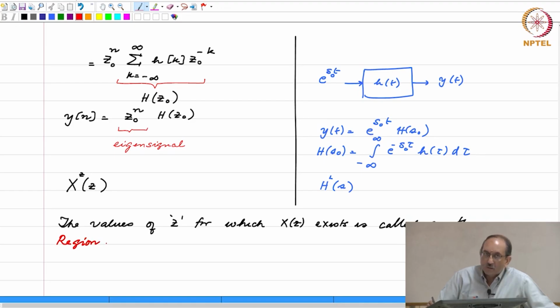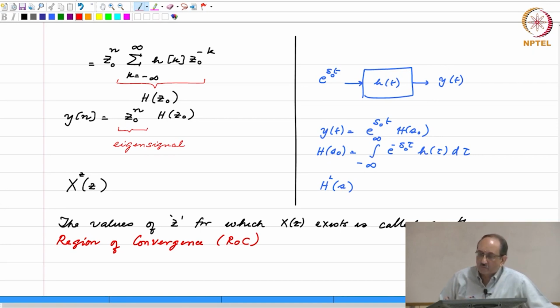In the Laplace transform case, it is called as the region of convergence and abbreviated as RoC. In the bilateral Laplace also, you had to worry about region of convergence.